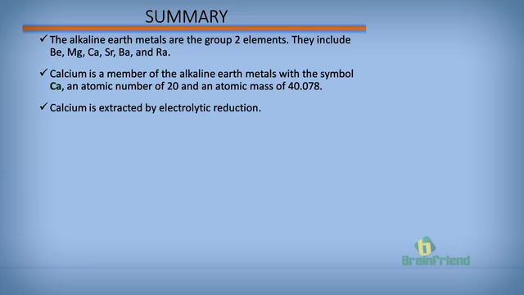So with this, we have come to the end of this lesson on calcium. Let us take a quick summary. We say that the alkaline earth metals are the group 2 elements, and they are beryllium, magnesium, calcium, strontium, barium, and radium. We also say that calcium is a member of the alkaline earth metals with the symbol Ca, an atomic number of 20, and an atomic mass of 40.078. And then we say that calcium is extracted by electrolytic reduction.